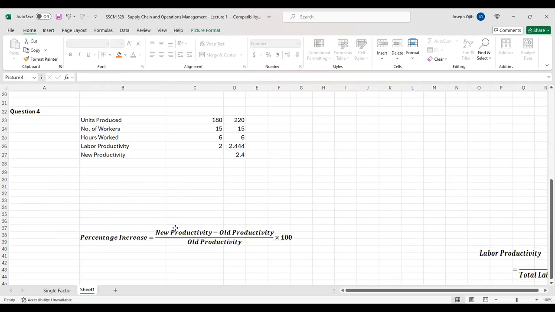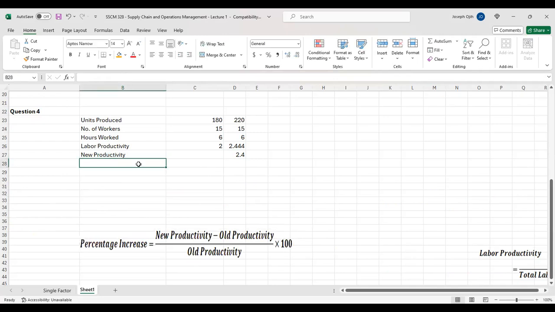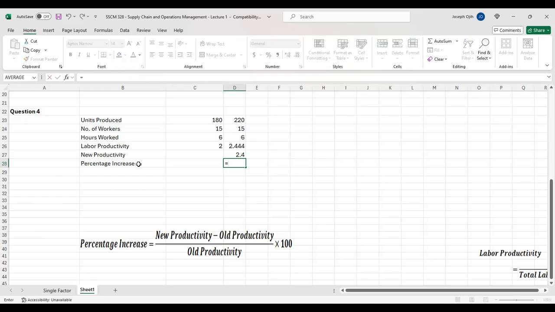Percentage increase equals the new productivity, in parentheses because it has 2 numbers, minus the old one, close parentheses, divided by our old productivity.